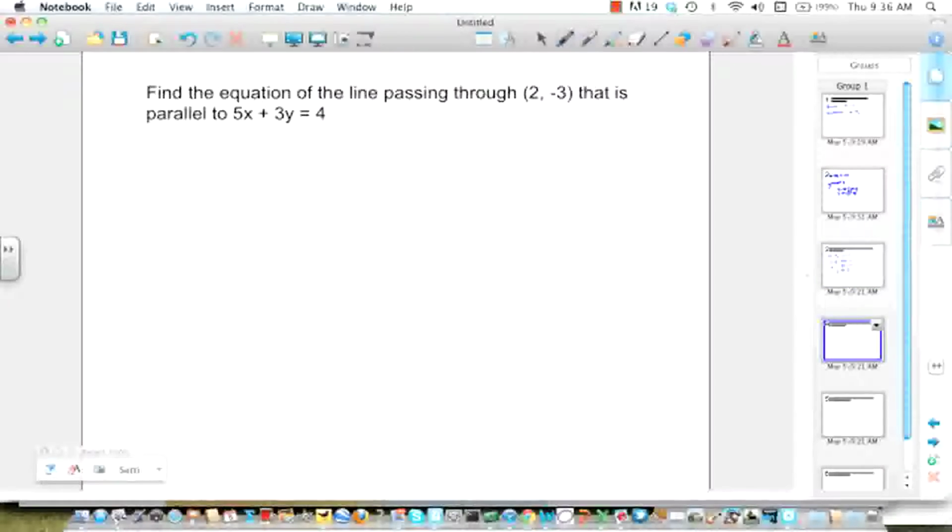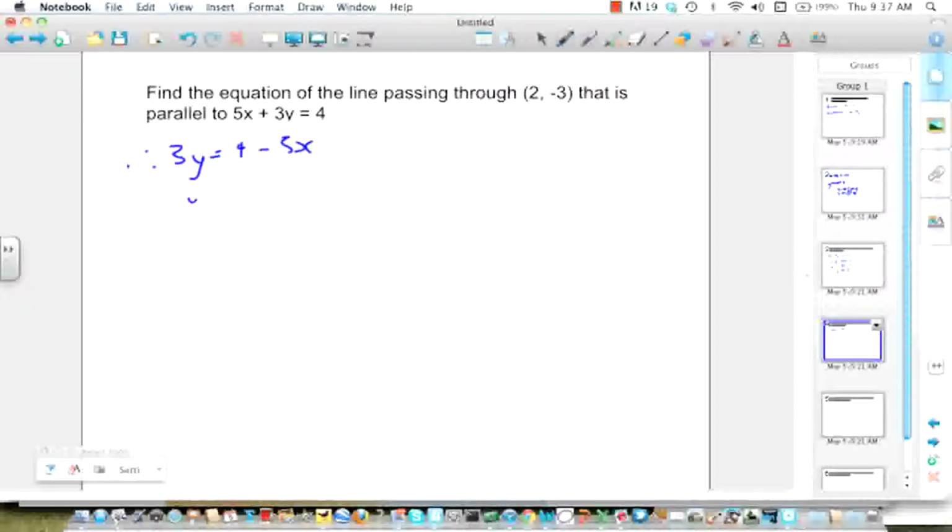Find the equation of a line passing through the point 2, negative 3 that is parallel to a line in general form. Turn it around to put it into point gradient form, because then we can read the gradient. So what do I do? Subtract 5x. 3y equals 4 minus 5x.